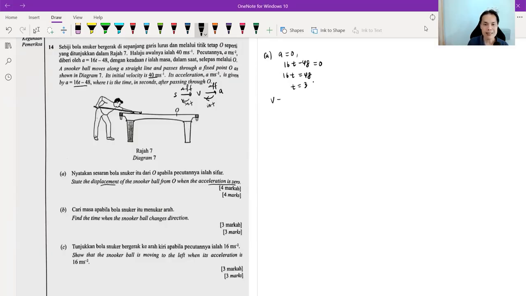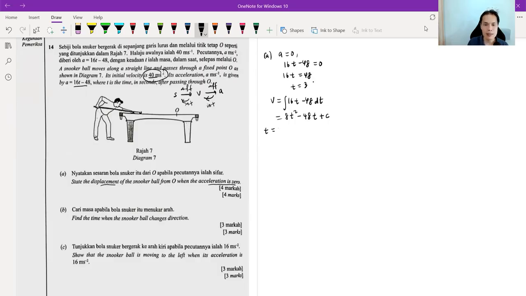So let's start by integrating 16t minus 48 dt to get your velocity function. Remember, in integration, we increase the power by 1, divide by the increased power. 16 divided by 2 is 8. 48, when you integrate, is negative 48t plus c. I need to find the value of c. Now, it is given the initial velocity is 40.